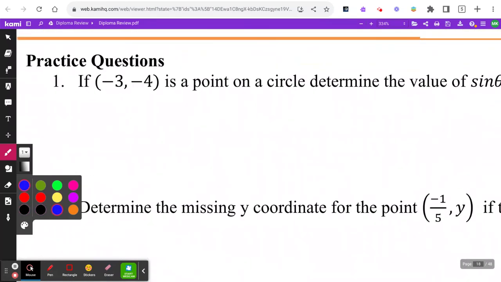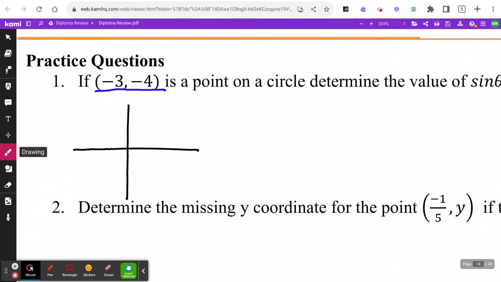When we get points, you want to sketch it. In your trig unit, you should sketch dang near everything. Honestly, if there's a question, try to sketch it. It almost always helps. Let's sketch what's going on here. I went -3, -4. That means 3 to the left, 4 down.